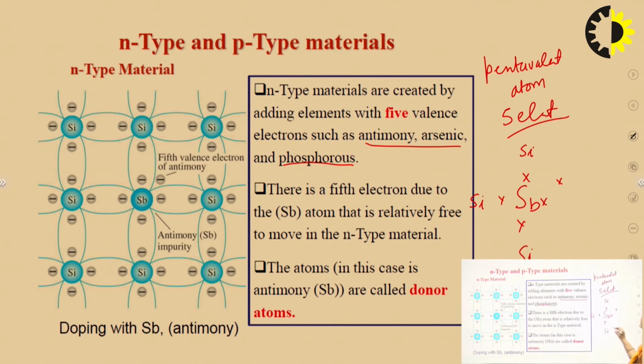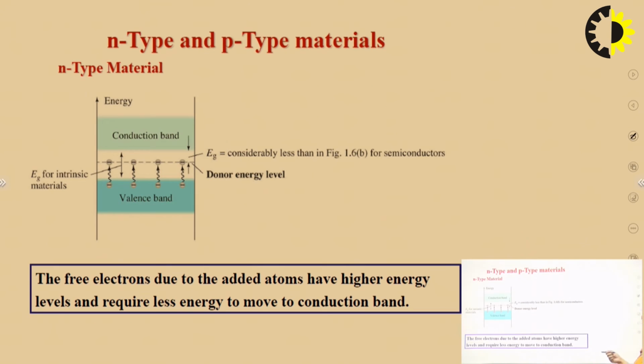Silicon has 4 electrons in its outermost orbit. So these 4 electrons will make covalent bonds, just like in this way. And here 4 bonds are there, so that the octet may be complete.